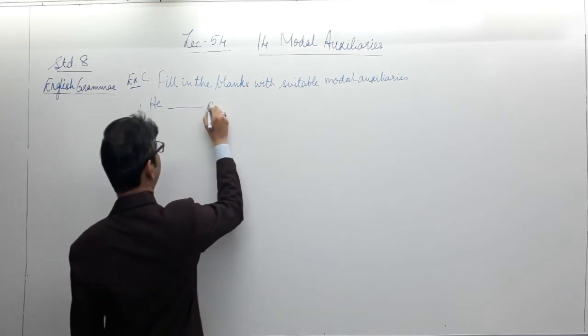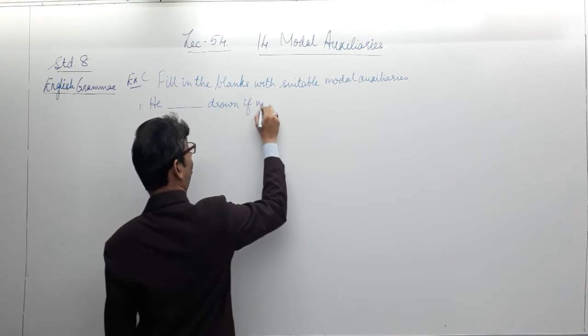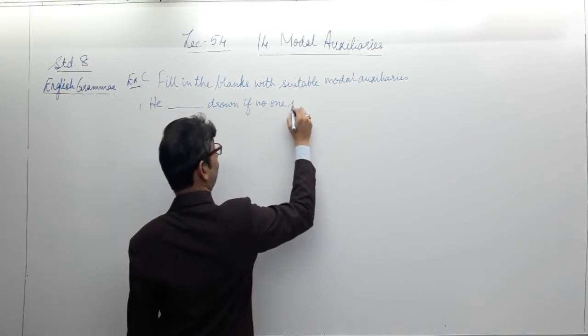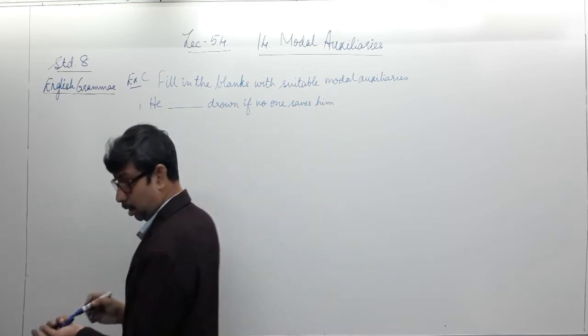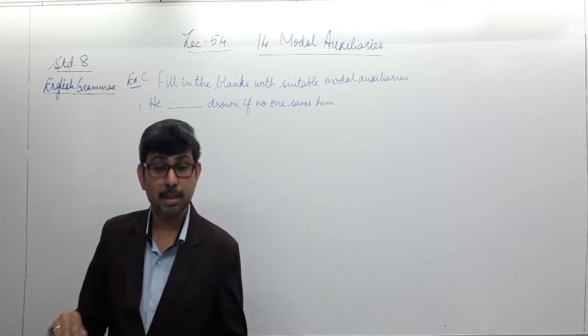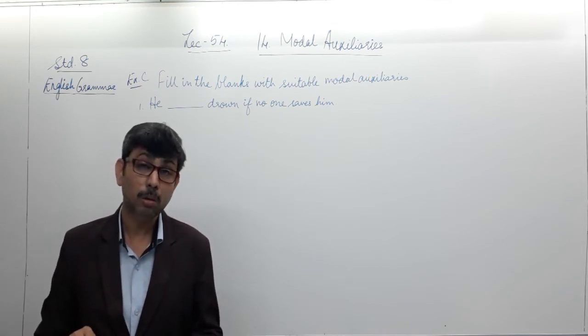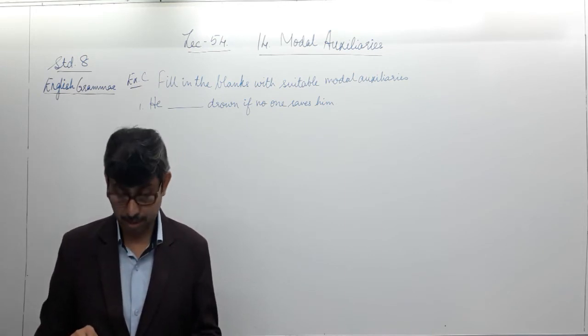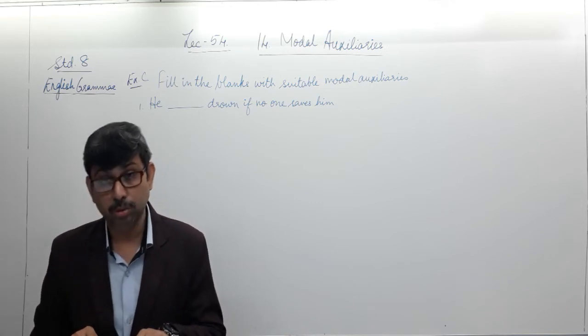He dash drown if no one saves him. So, what are we trying to express? We are trying to express that a person will drown in the water if no one helps him or saves him. So he will drown.